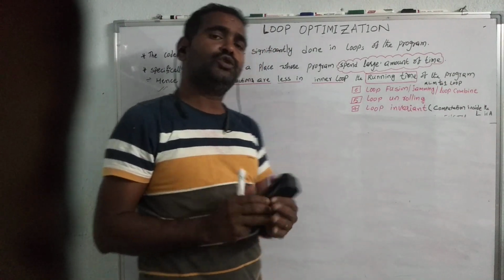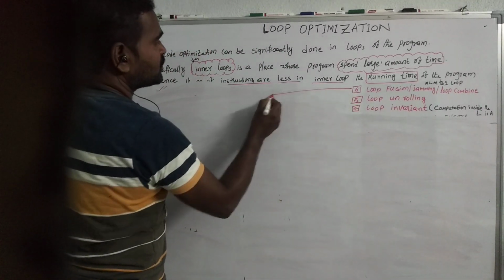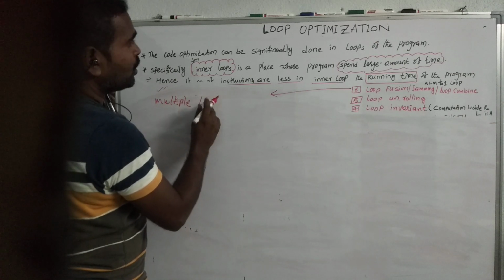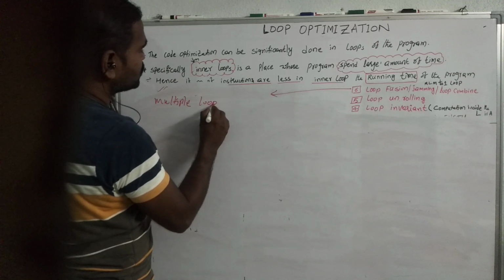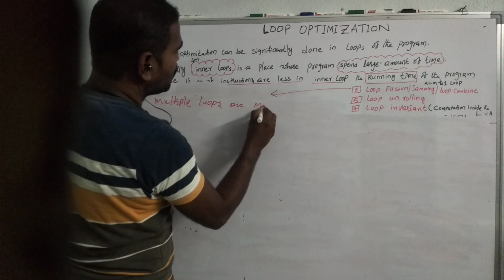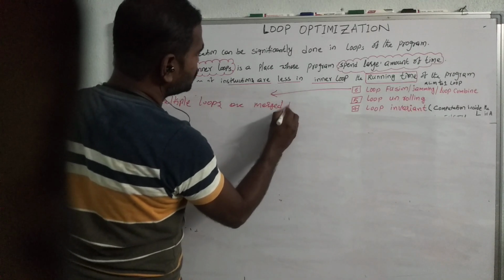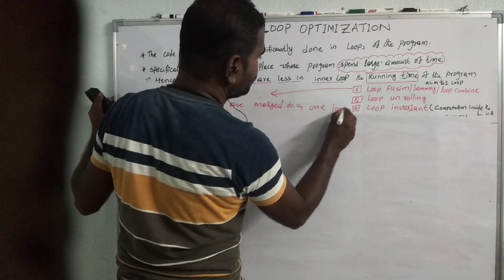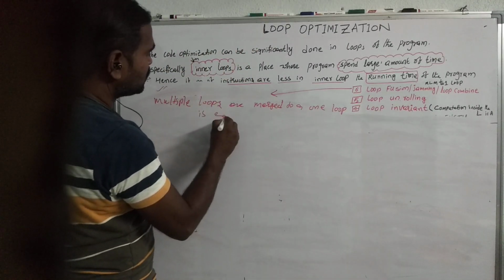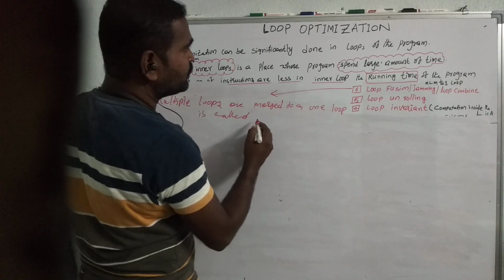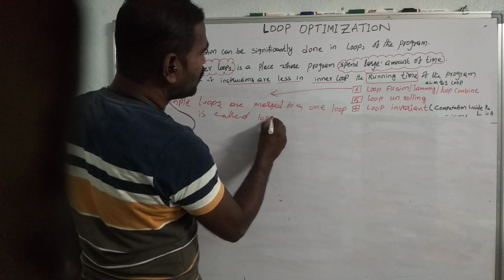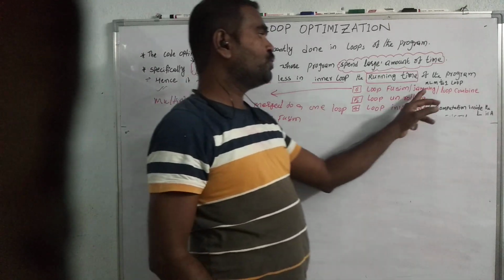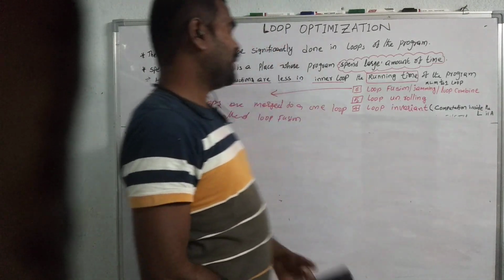Multiple loops merged into one loop is called loop fusion, or loop jamming, or loop combine.